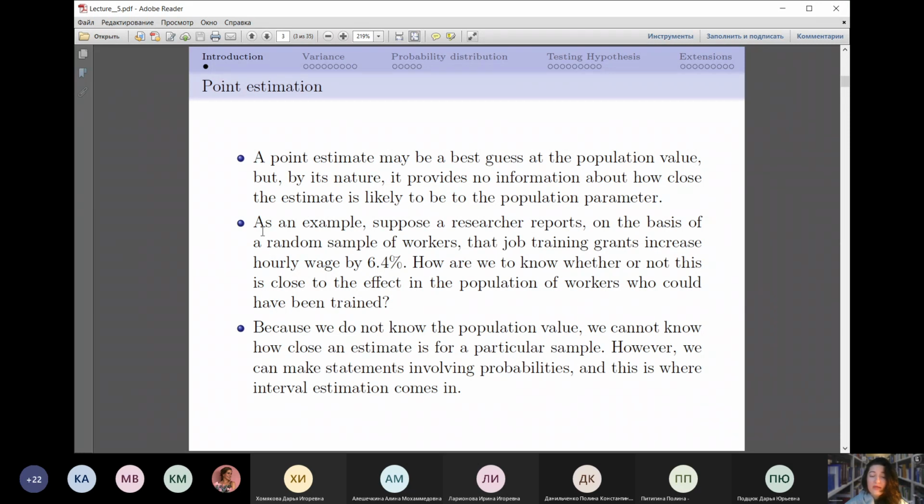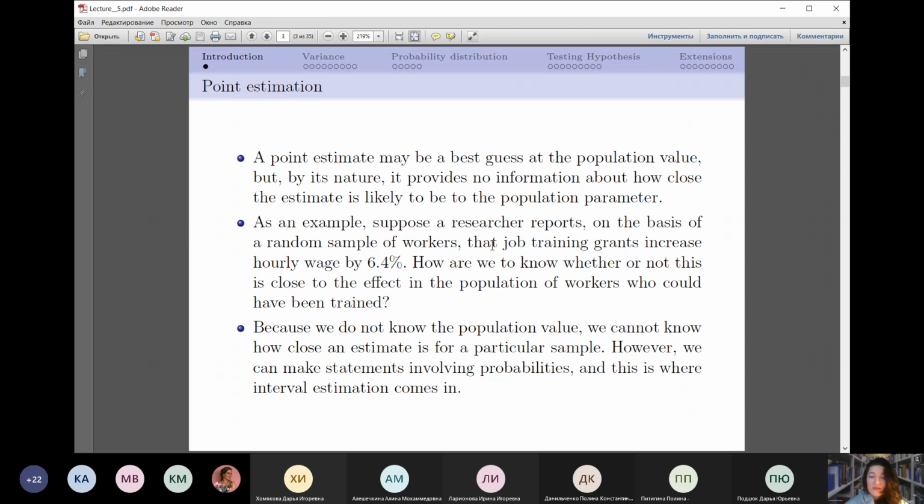For example, let's say that we have a random sample of workers, and we want to answer the question about the job training influence and wage level. This is our general example from the previous lectures.